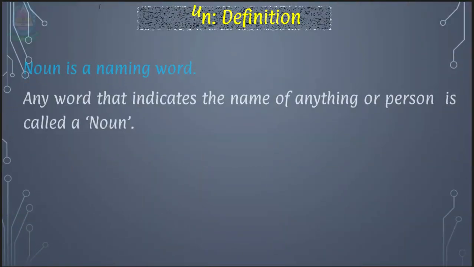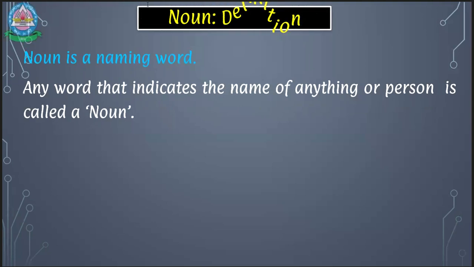In the next class, you will have some practice that you have to solve. To solve the questions, the rules are very important. So please be attentive to learn the rules so that you can solve the questions in the next class.